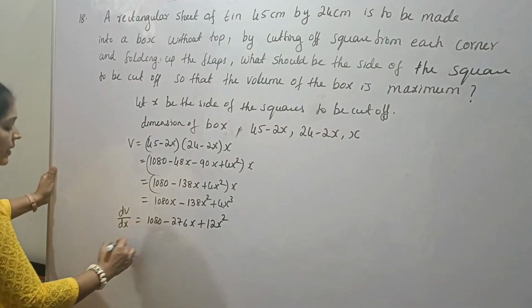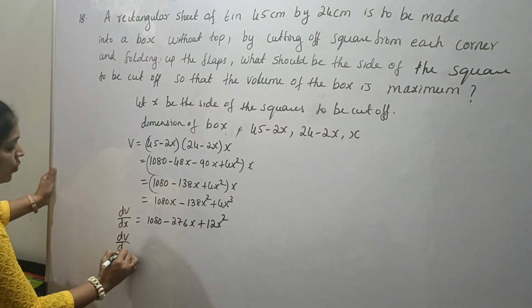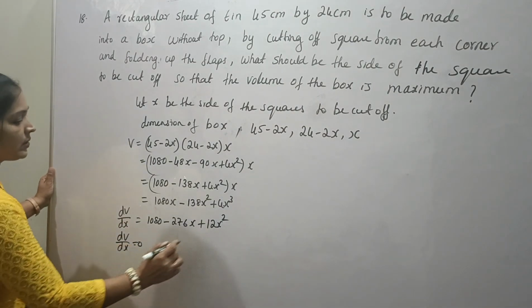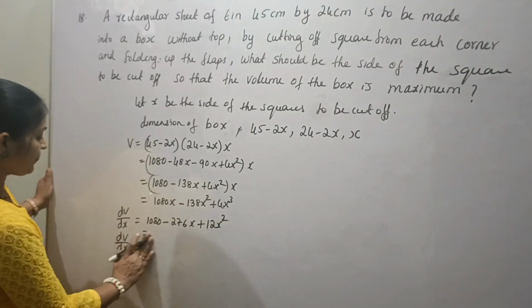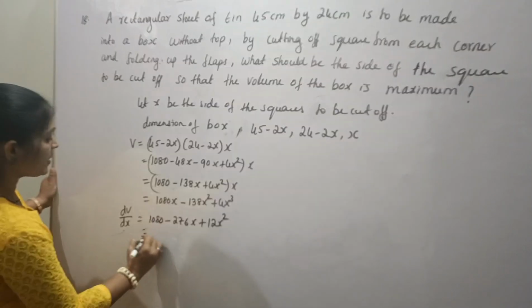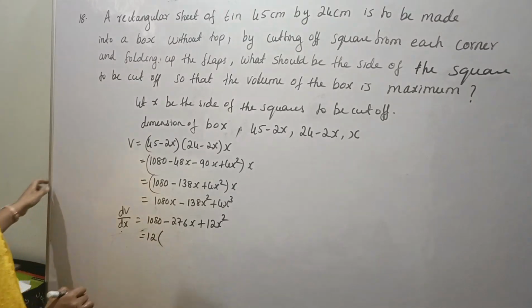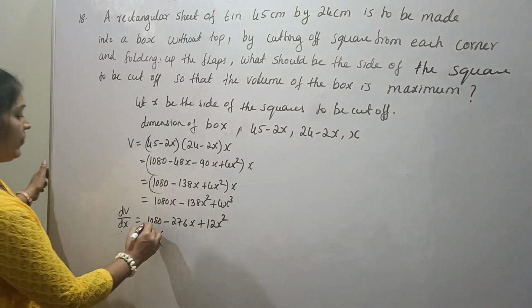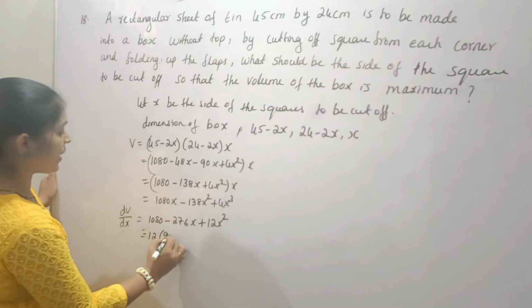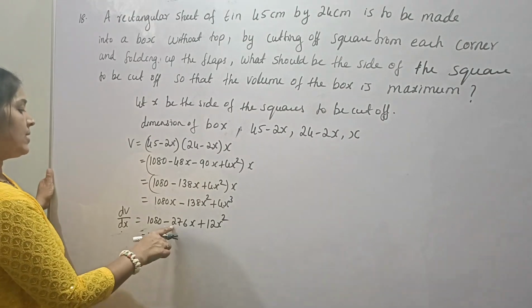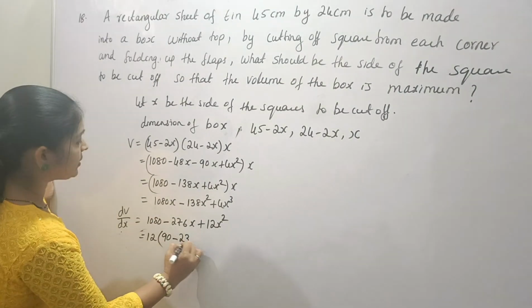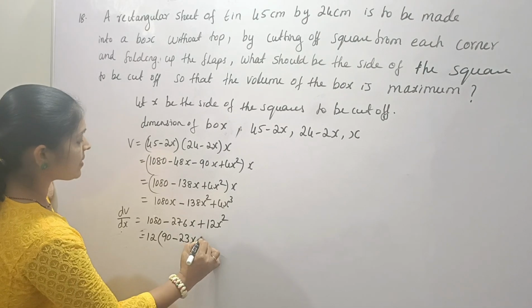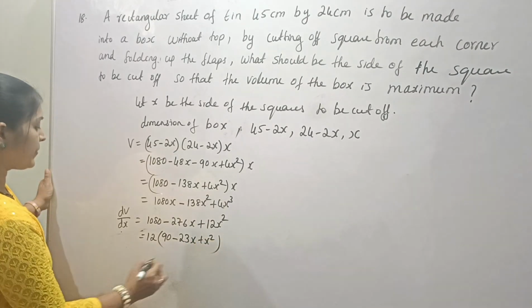Then dv by dx is equal to 0 implies here 12 is common. Let's take 12 outside. That is 12 into 12 9s are 108, so 90 minus 12 2s, that is 23x plus x square.